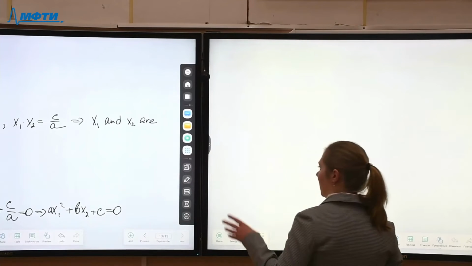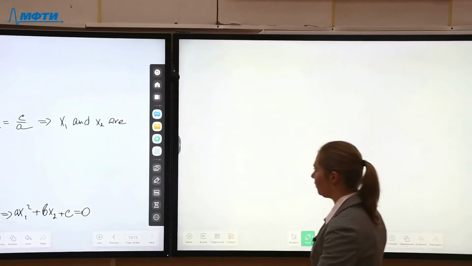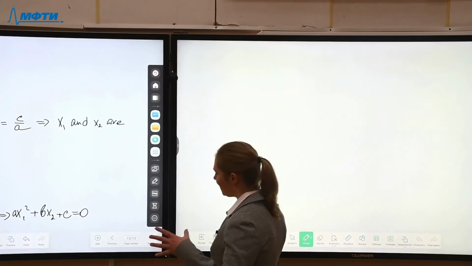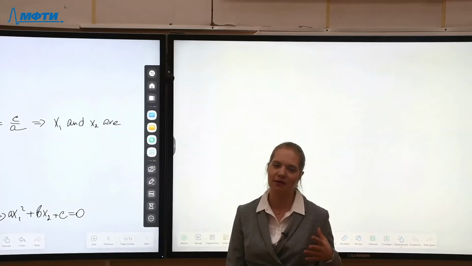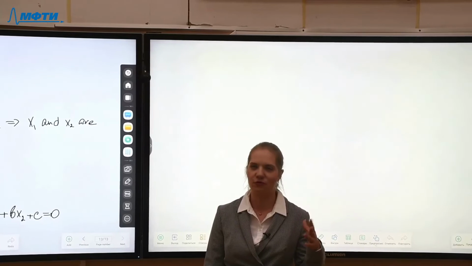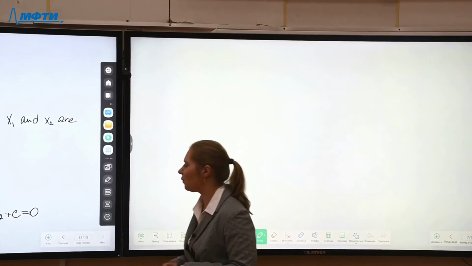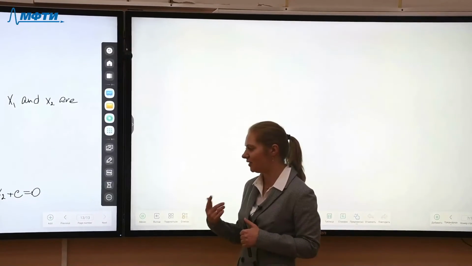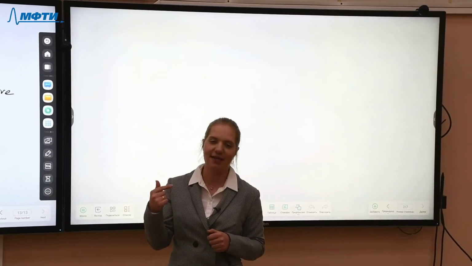Well, now, about Vieta's theorem for the cubic equation. Let's consider the equation of order 3, but for simplicity, a so-called reduced equation. We say that an equation is reduced if the coefficient of the highest degree is 1.